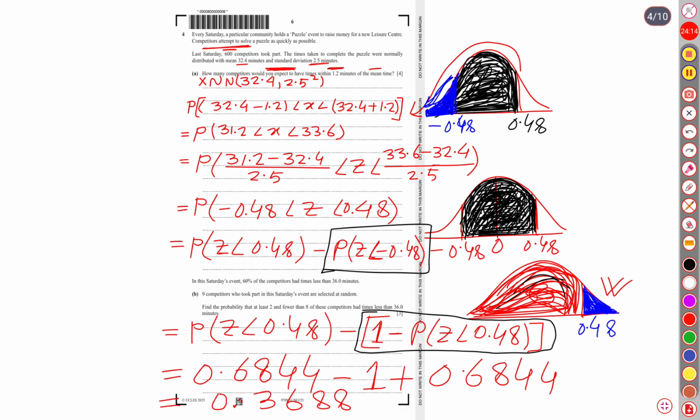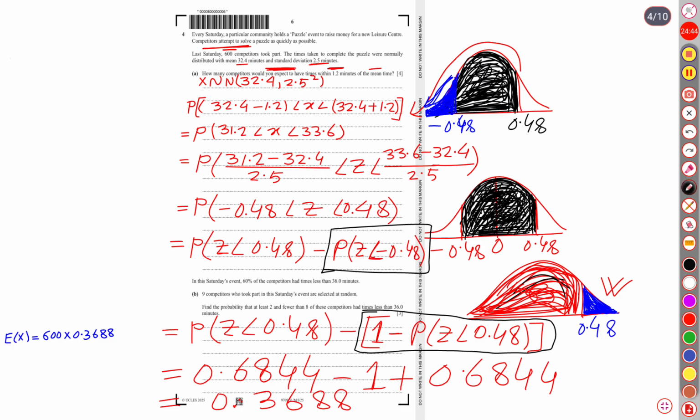So we will write expected value is equal to 600 times 0.3688. Our total number of experiments is 600, and the probability for each experiment is 0.3688.